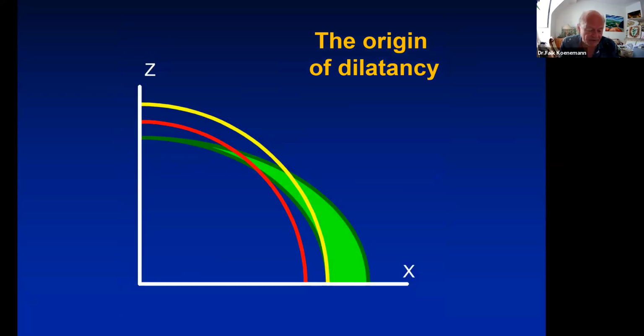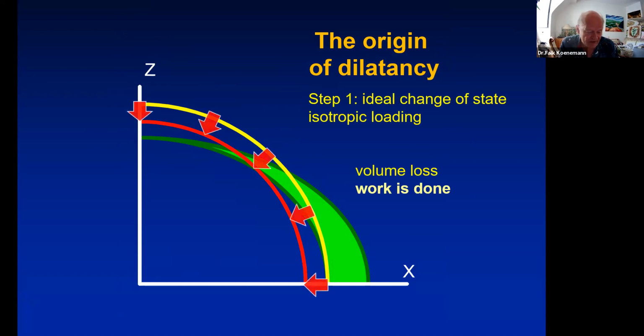Now, the surface of the unloaded system is in yellow. The total loading force field has to be partitioned for mathematical reasons into 4 parts. Step 1 is the average loading, which is isotropic. The result is a volume reduction, the red outline.